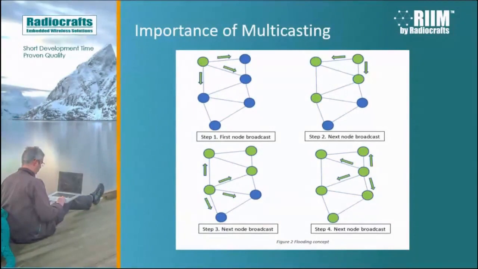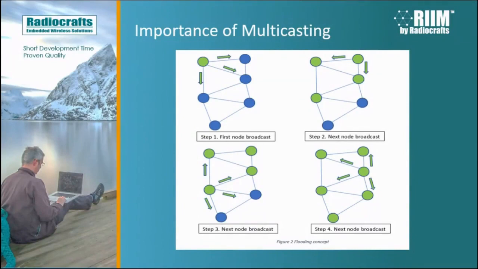So how this happens is that in classic multicasting, the border router sends a message and it wants it to reach all the nodes. As you see in the figure, in step one, the one on the top left, the green node sends it to all its neighbors, which are the two blue on the right and the one blue below it.